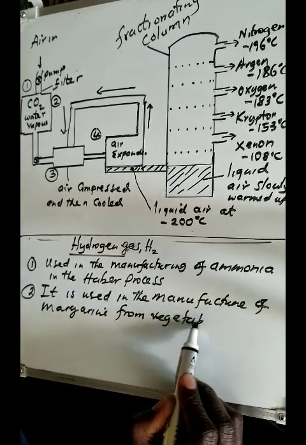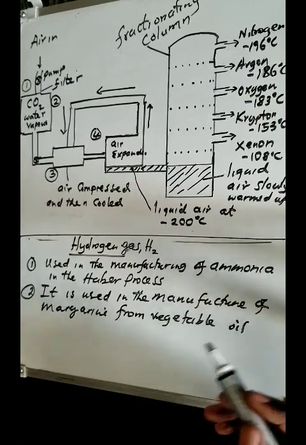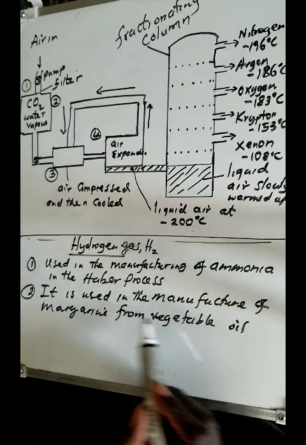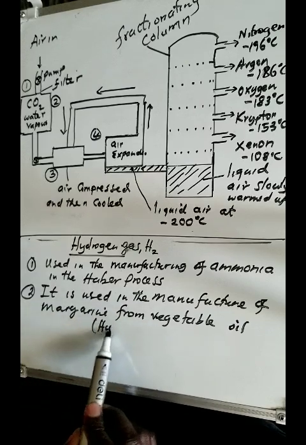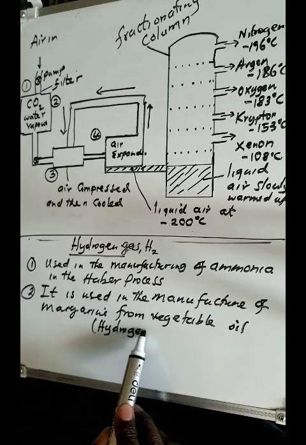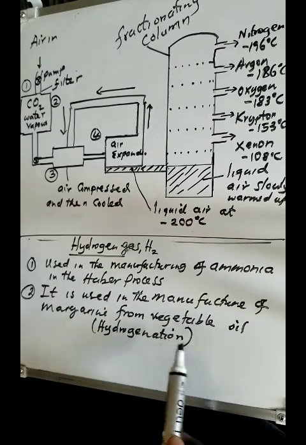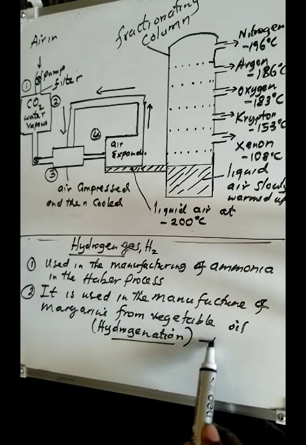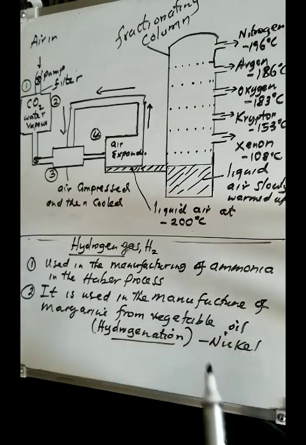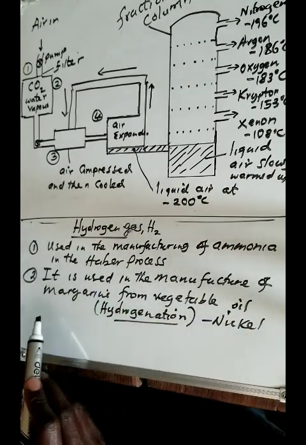So it is going to be used to convert vegetable oil into margarine, in a process that we simply call hydrogenation, the addition of hydrogen to a substance. Of course, there's a catalyst. Normally the catalyst that we use during hydrogenation is nickel. You are going to learn later on about that under organic chemistry.